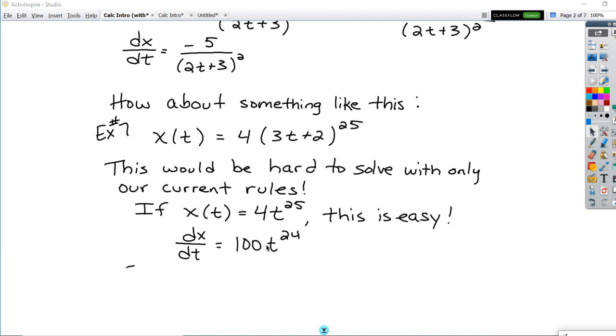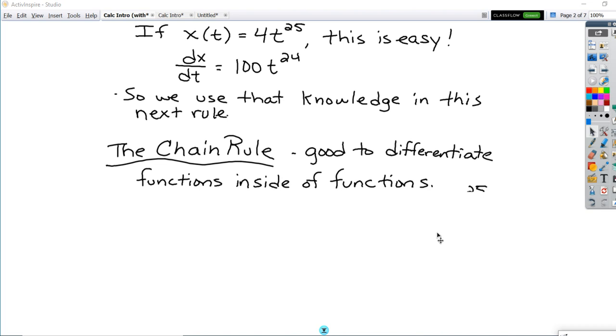So how could we utilize this piece of information? Somehow, if I could replace 3t plus 2 with just a single variable, I'd know exactly what to do. Well, that's where this process called the chain rule comes in. The chain rule's good to differentiate functions that are inside of other functions.